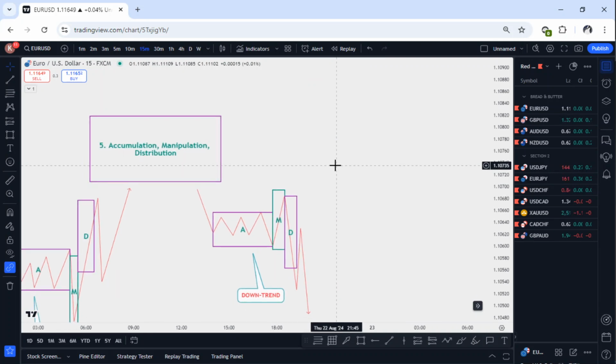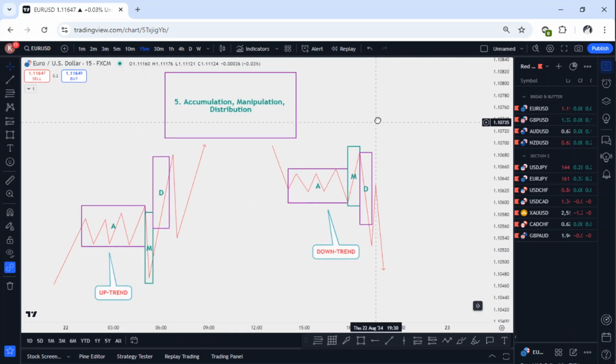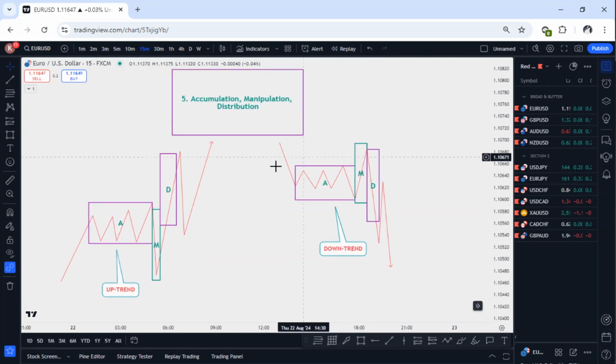Another concept of SMC is called accumulation, manipulation, distribution, or AMD circle in general. So how does it work? AMD circle tries to trace how the market moves, like the one I was showing you of range, initiation, mitigation, continuation.